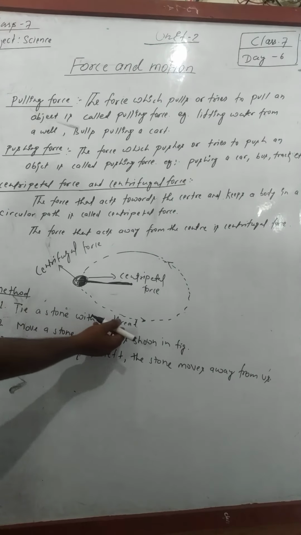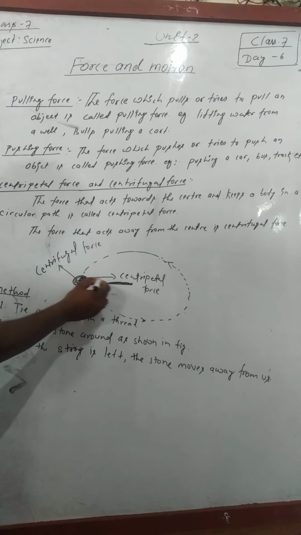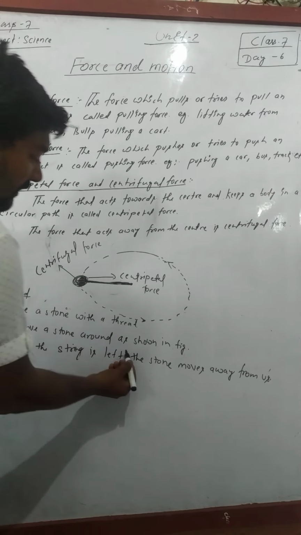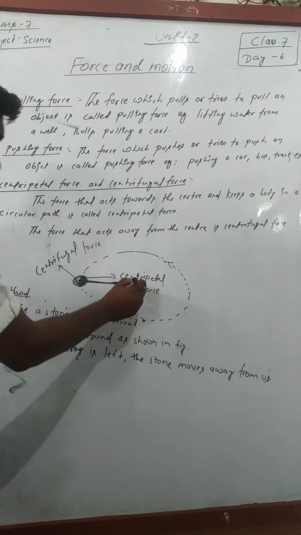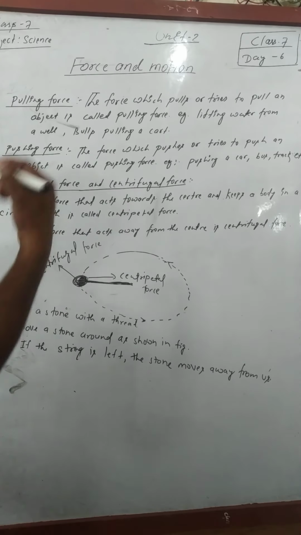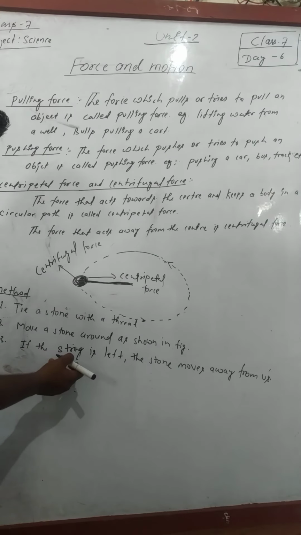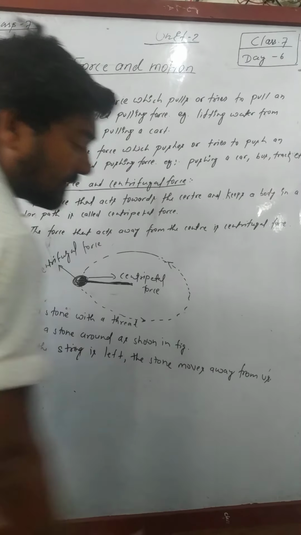Tie a stone with a thread. Move the stone around, as shown in the figure, by holding this point. And if the string is left, the stone moves away.